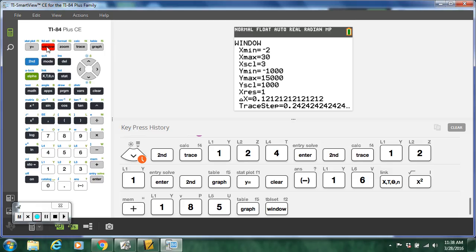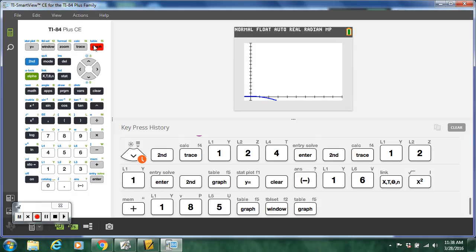Well, our top one was 185, right? Do I need to change my X? Do I need to see all the way out to 30 and count by threes? No, so maybe I go to like 10 and count by ones.